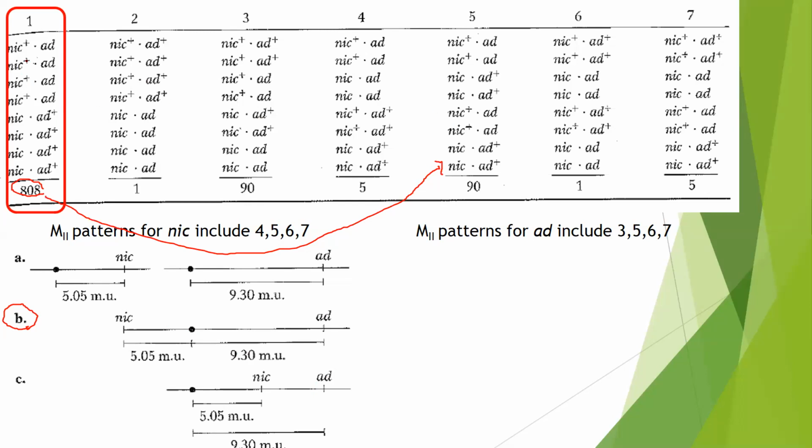If you want to generate this pattern from here, that means there's a crossing over occurring here, right? Then this will give you leak plus, and AD, because AD doesn't change, right? And this is the leak.